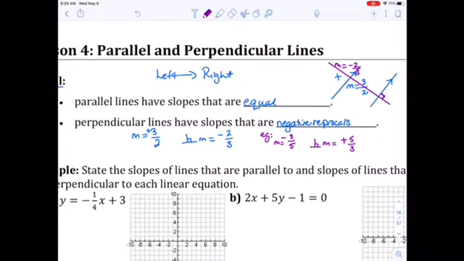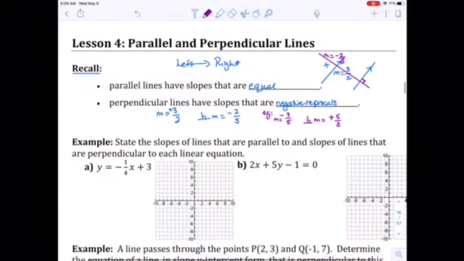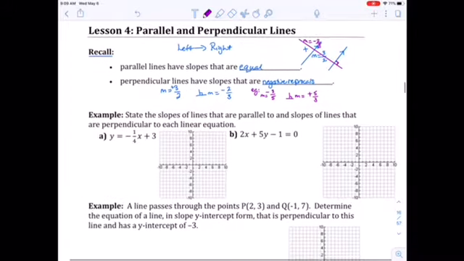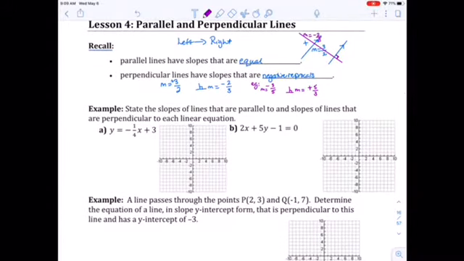So if it was negative, the perpendicular one is going to be positive, and if it was positive, the perpendicular one is going to become negative. That probably makes sense, and I'm hoping you've drawn many of those conclusions on your own as you've done your assignment booklets. Look at the next example.